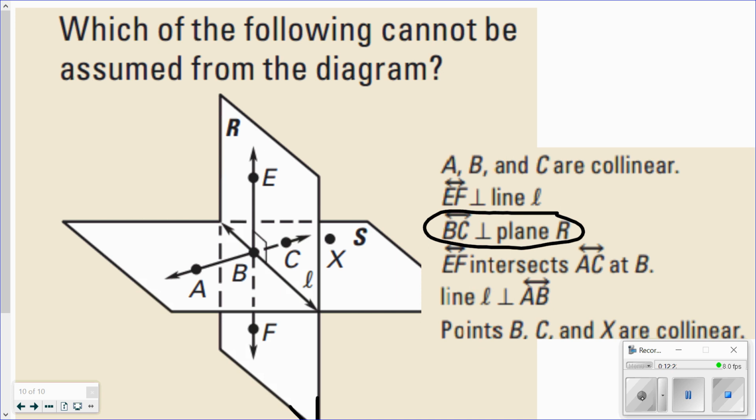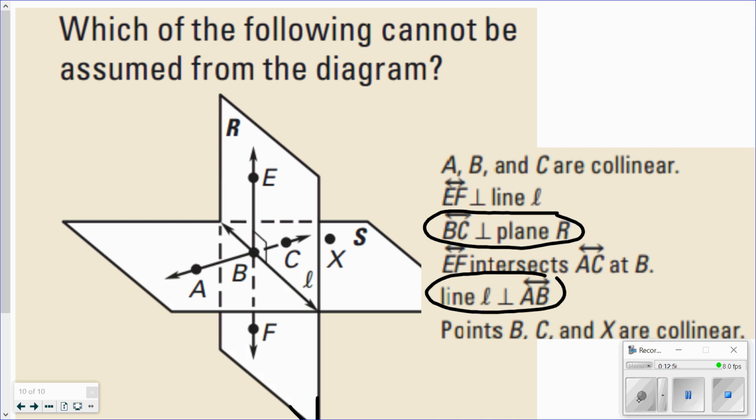So I have line L here, line AB. Are those two perpendicular? This is no, we cannot assume that, so I'm going to circle this. And if you look at our lines, we don't see a marking like this. That other marking is marking something else, but I do not see a marking of just those two lines, so we cannot assume this. It's not true.